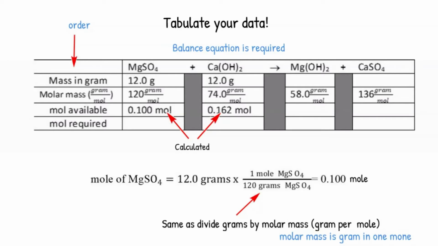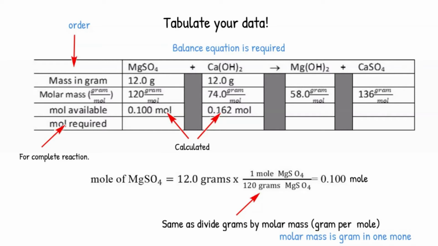If the mole available between the two reactants are the same, then both reactants are limiting, and there is no excess in a 1-to-1 mole relationship. In this example, they are not the same, and an additional row in our table is needed to determine the limiting and excess reagents.